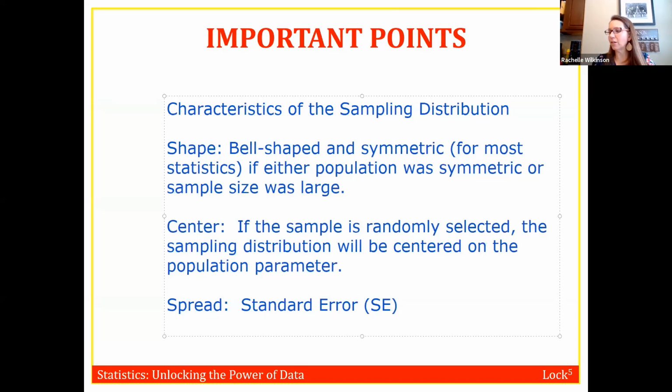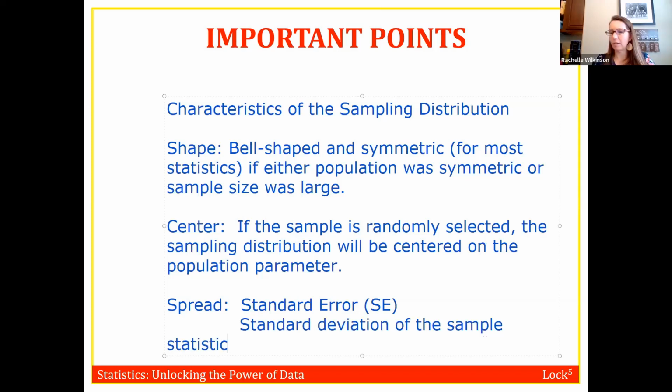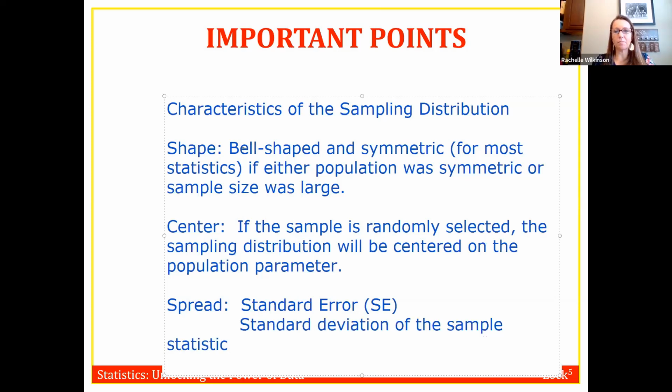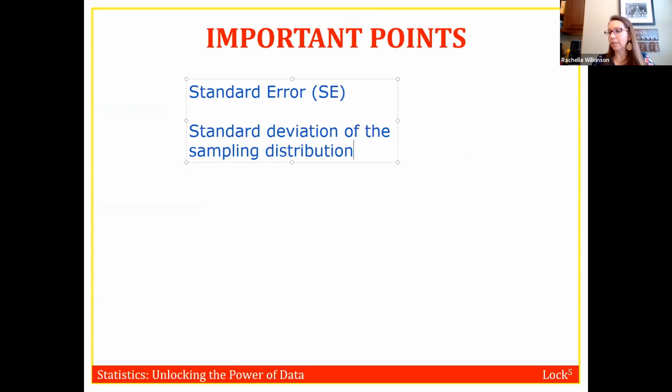So the standard error is the standard deviation of the sample statistic. And it's basically just calculated by finding the standard deviation of the sampling distribution. I'll write that too, although it might seem kind of obvious. So, standard deviation of the sampling distribution. That's how we can calculate it.